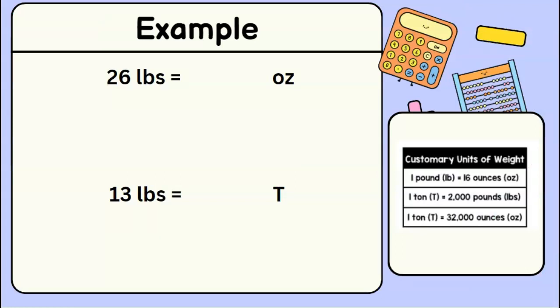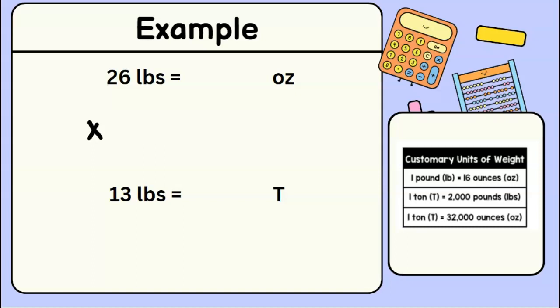Again, when I am going from a big unit to a small unit, I am going to multiply. When I'm going from a small unit to a big unit, I will be dividing. So I need to decide what is what. I know that pounds are larger than ounces, so I'm going to be multiplying to get my converted measurement.